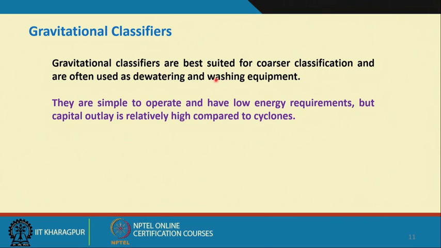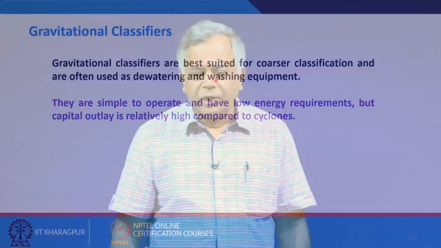There we use these gravitational, not the classifiers, then it becomes a settling tank, and some washing equipment, like when I want to remove the clays from my relatively coarser materials. There also I use the gravitational classifiers many a times.